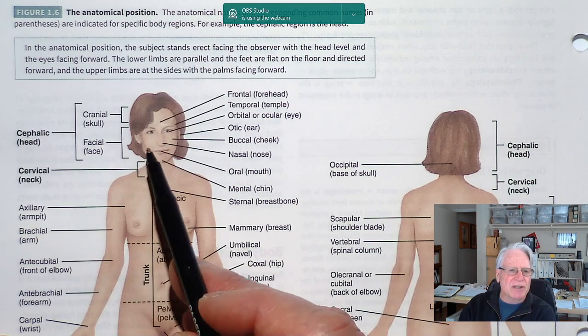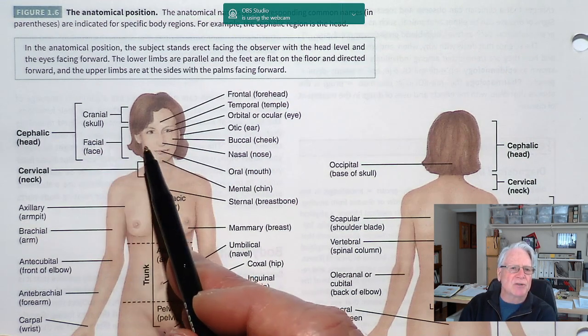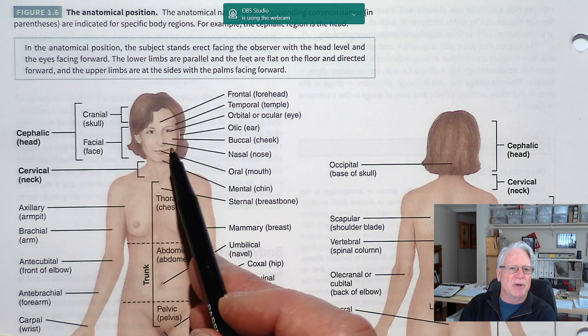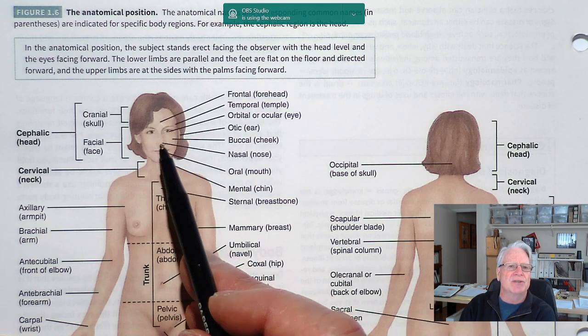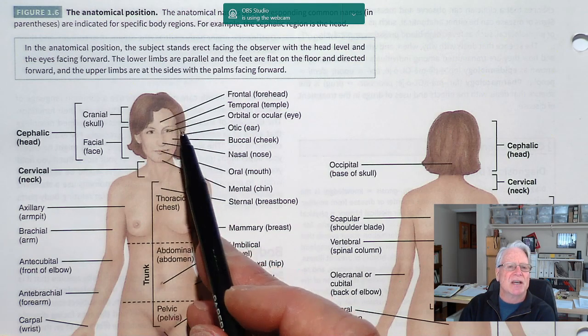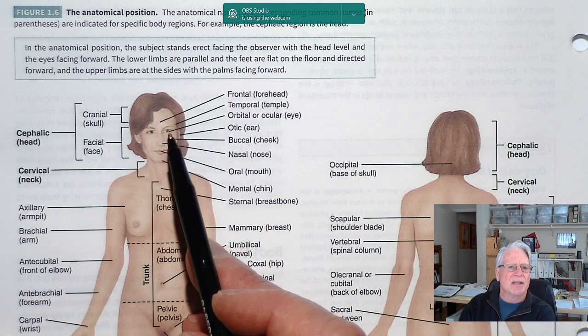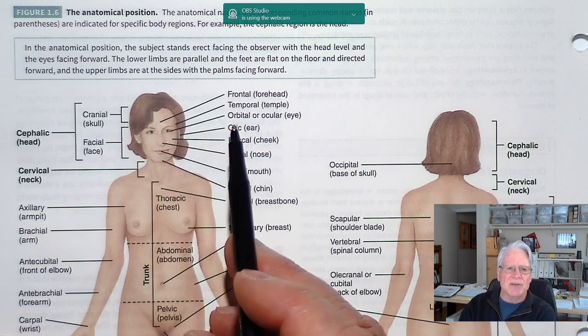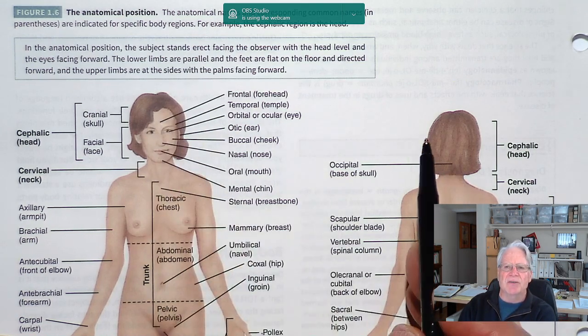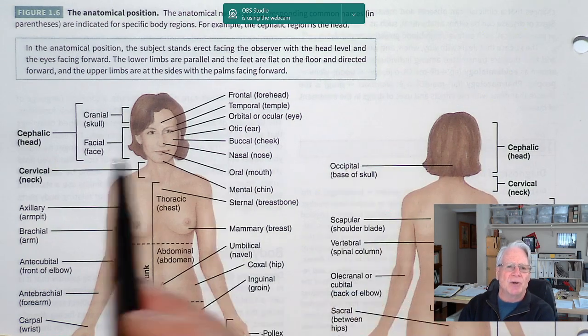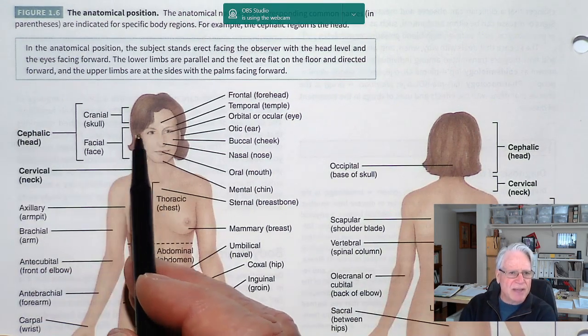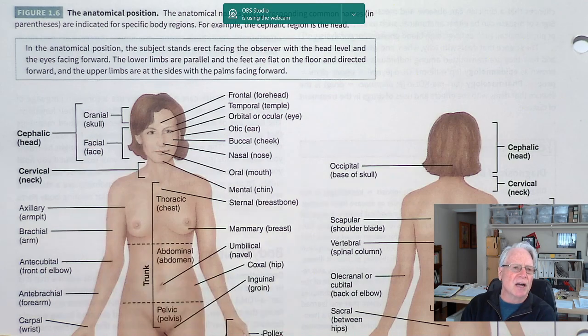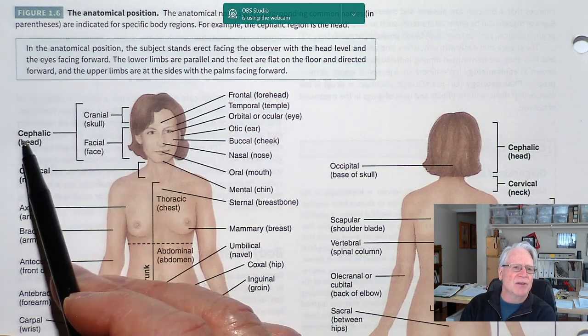Now obviously, when we talk about face or facial, you know what we're talking about. It's all of this part right here, including the eyes, the nose, and the ears, and the mouth, and all of this. That would be what we consider the facial region. The rest of it, which is, you can see even behind here, all of that, which holds the brain, that's the cranial region of the larger thing that we call the head.